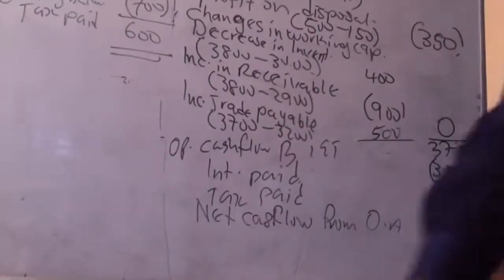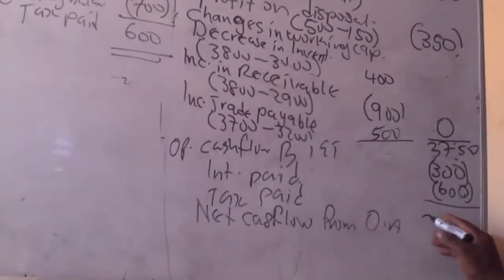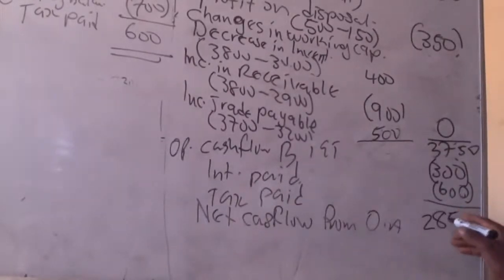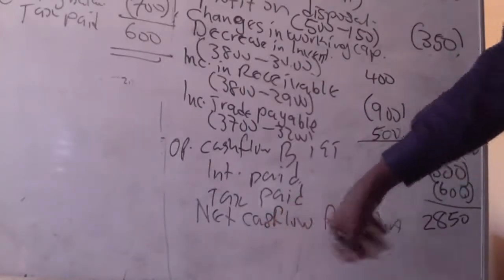Good. So 2,850. Make sure that I get the same answer. Yes, 2,850. Now I wanted to explain this. If the answer is positive, and you are 100% sure that it is positive, tell the examiner that it is net cash inflow.